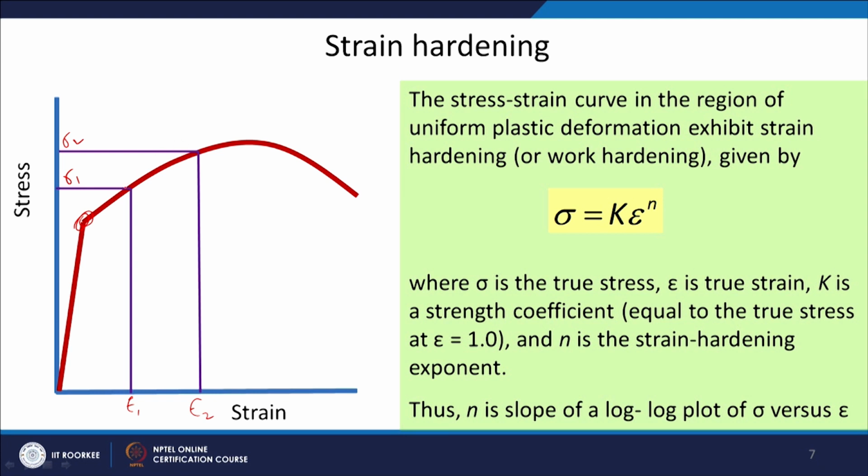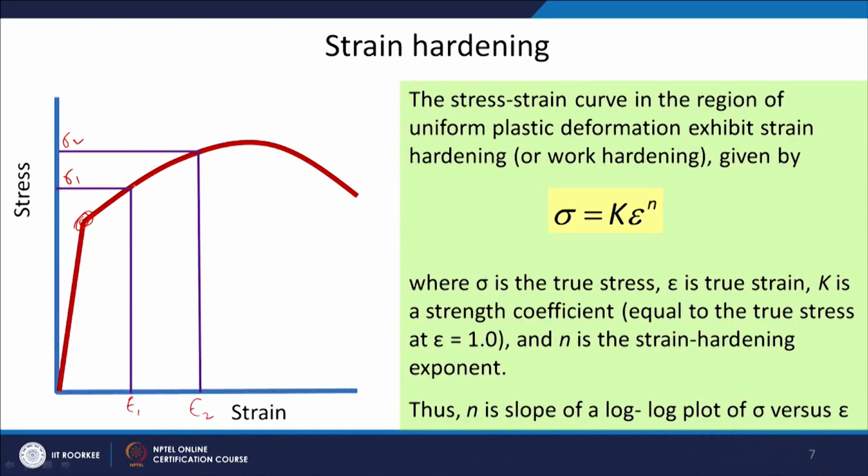That means by imposing strain in the material, I am able to harden the material, to increase the strength of the material, and that is why we call it strain hardening. My material is becoming harder to deform.